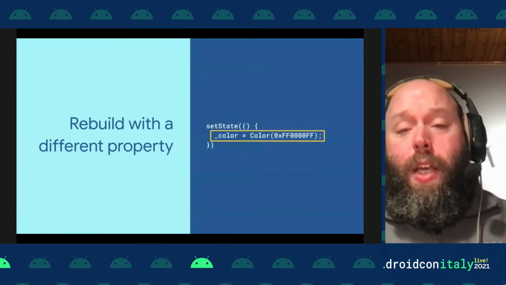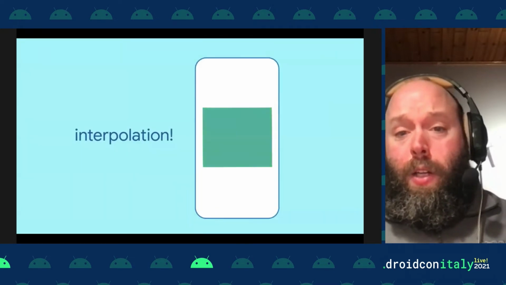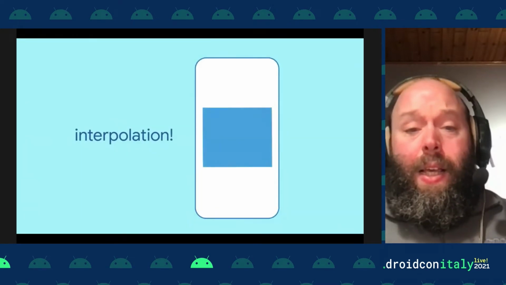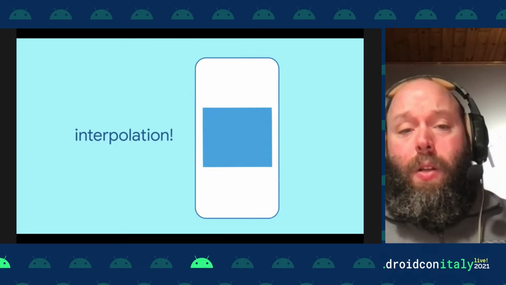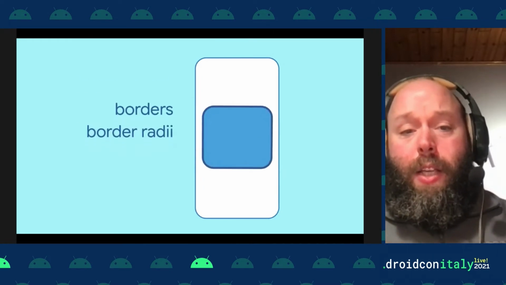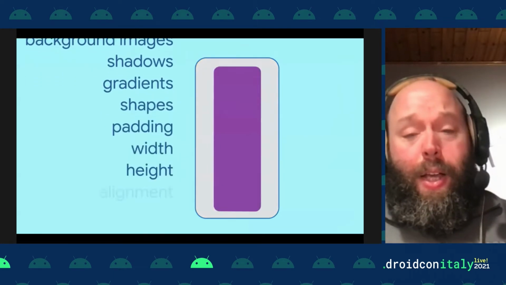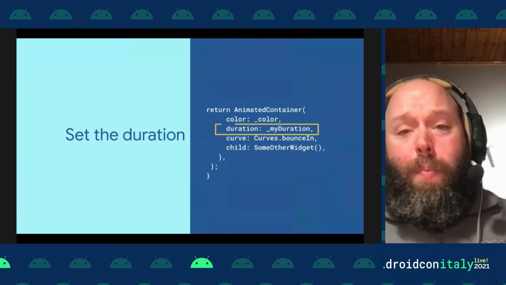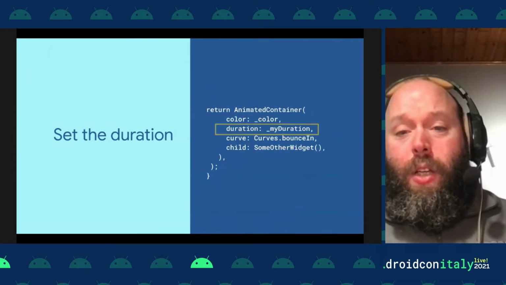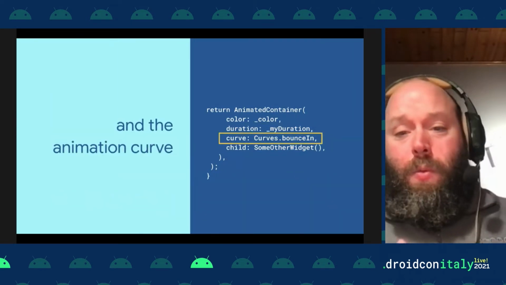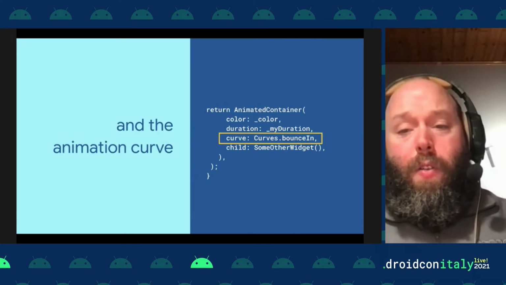For example, we can change its color by calling setState, and the widget will handle all the rest: the change, the duration, the interpolation. We have an incredible amount of properties that we can change, and this is done with one or two lines of code.